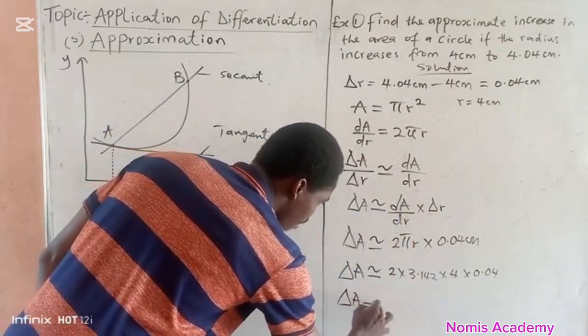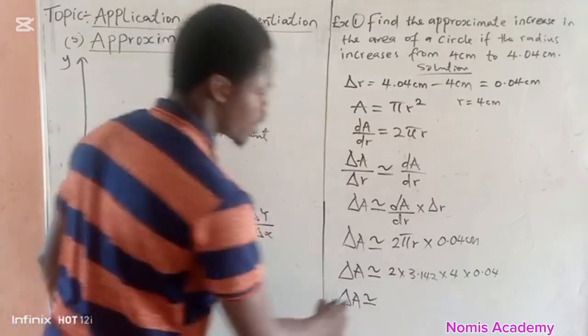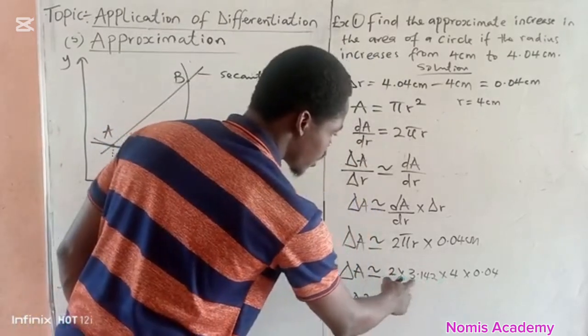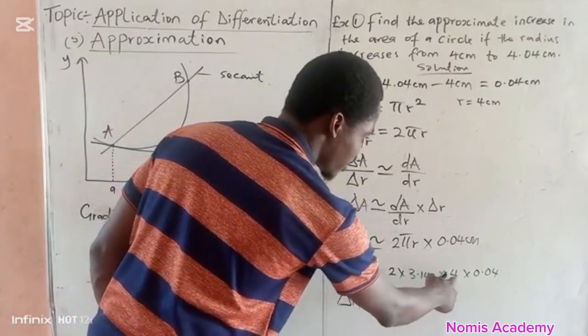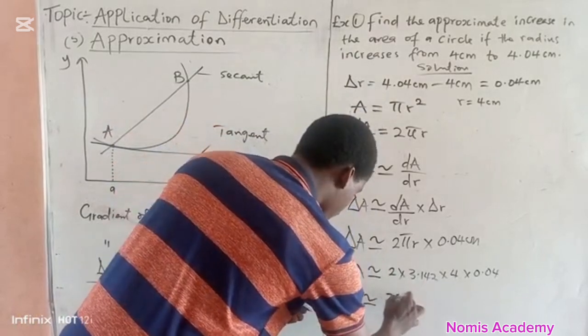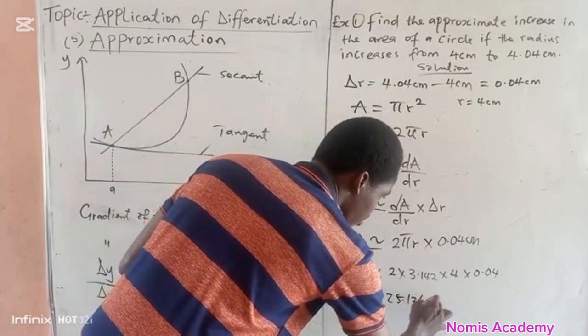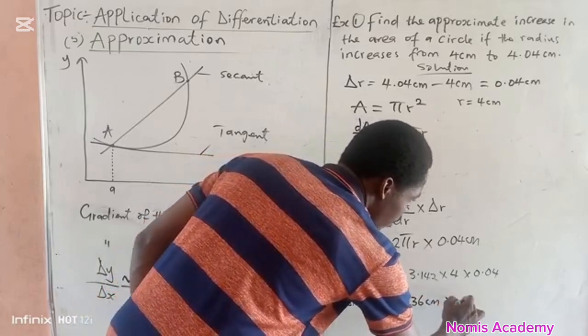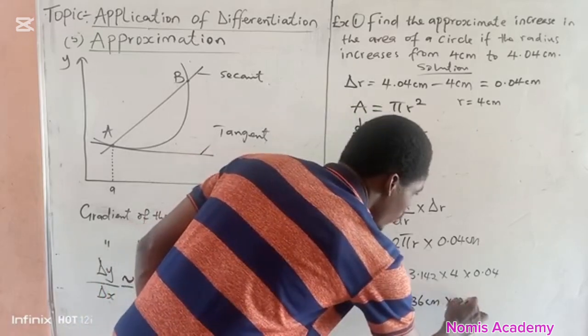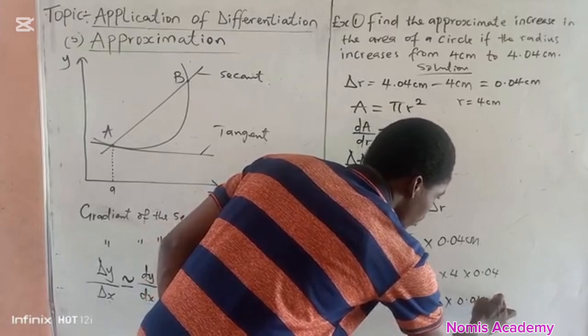Delta A is approximately equal to 2 times 3.142 times 4, which is 25.136 centimeter, times 0.04 centimeter.